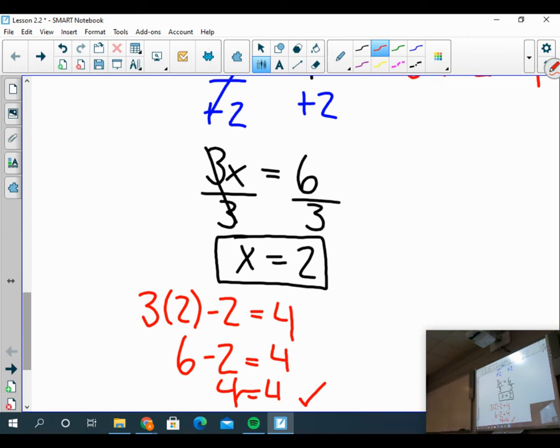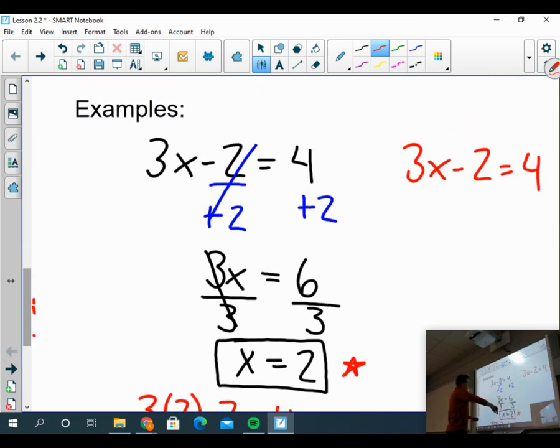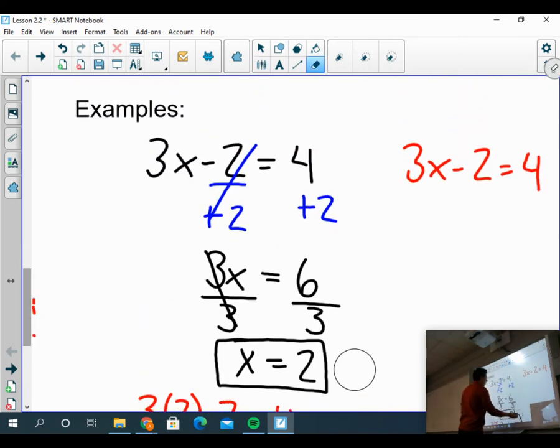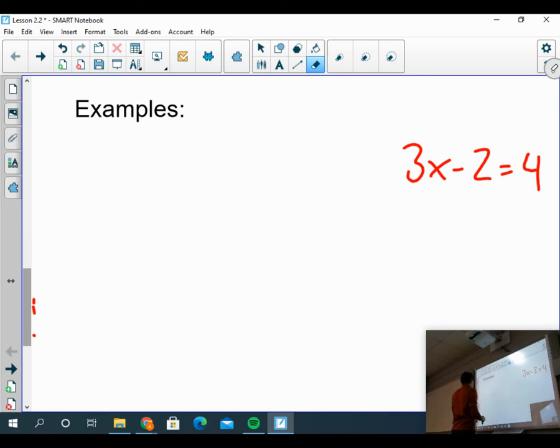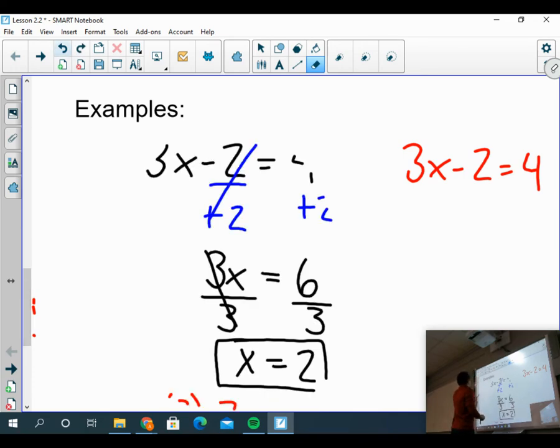That is an equation. Therefore, our answer of x equals 2 is sufficient. Okay, so what you can see here, the big picture, 2-step equations: move the constant first, that is on the same side as your variable, then divide by what's attached to the variable.